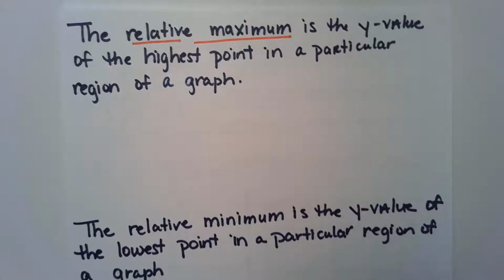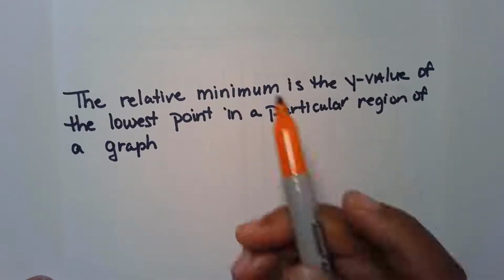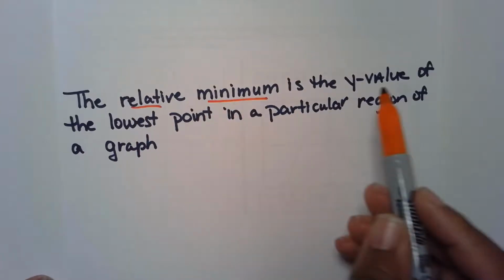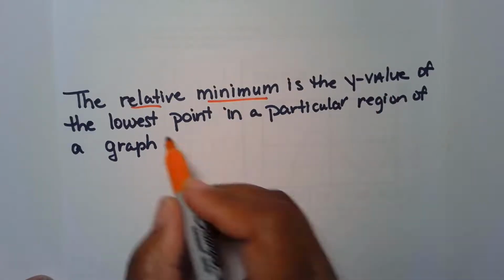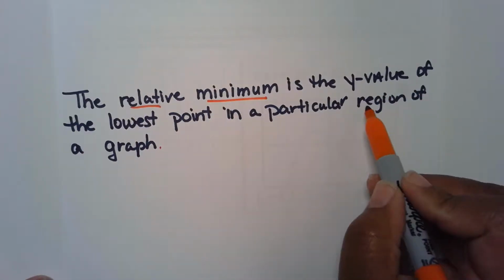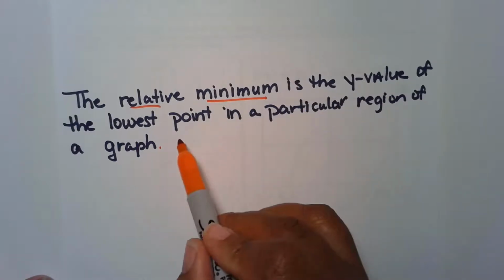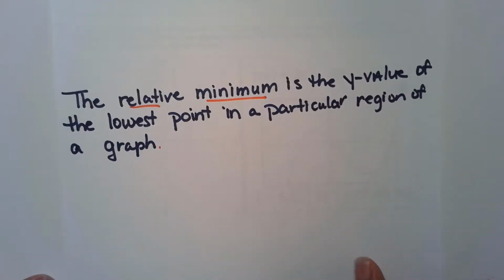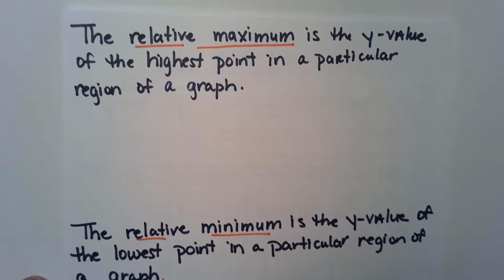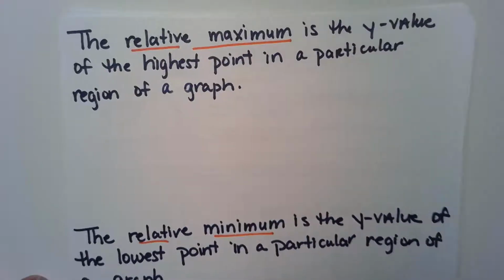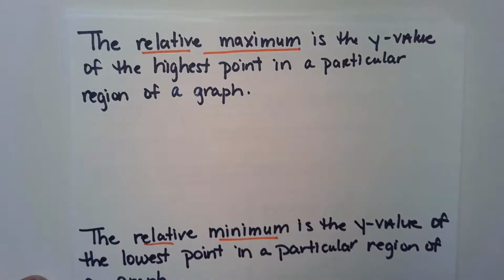And the relative minimum of a graph is the y value of the lowest point in a particular region. So let me explain, or at least show you what it means.